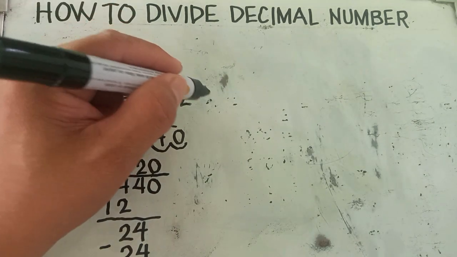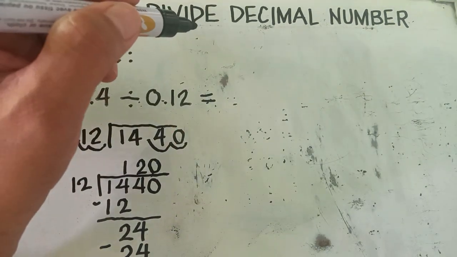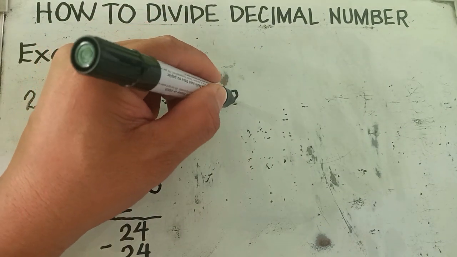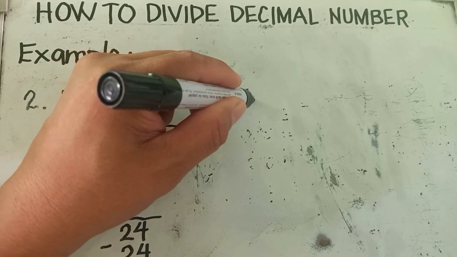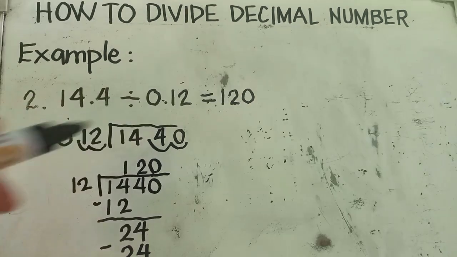So our answer is 120. So that is our answer for number 2 example: 14 and 4 tenths divided by 12 hundredths is equal to 120.